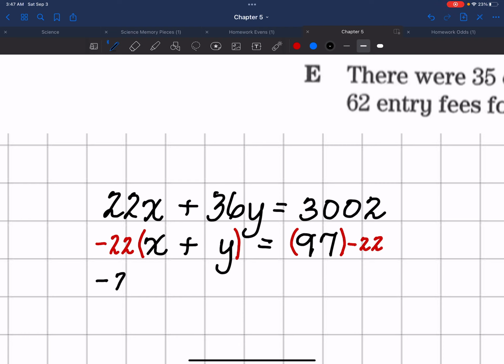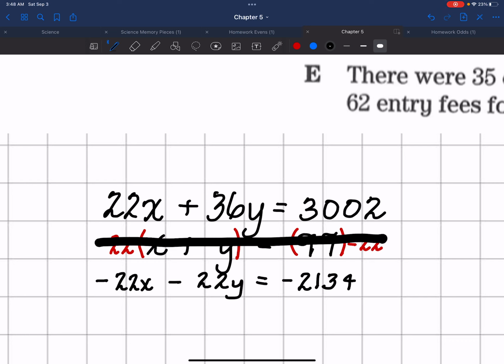So here's negative 22x minus 22y equals, I have no idea what 97 times 22 is, so let me see. 2134. Okay. Let me try that again. That doesn't look right. It is right. Okay. So let's take out this middle equation. We're not going to need that.